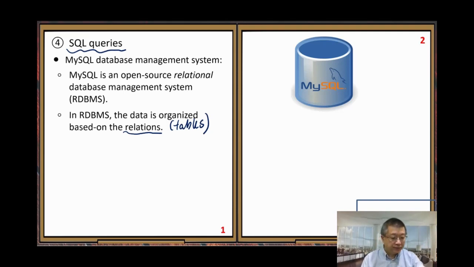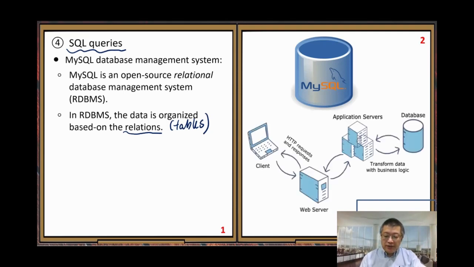All right. In this diagram, in a typical three-tier architecture, client, server, database, here is our database layer, the back end.